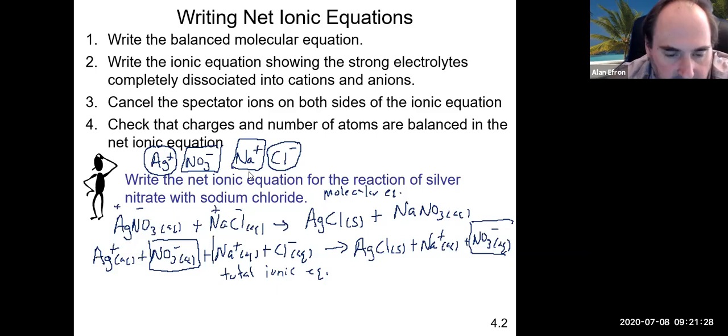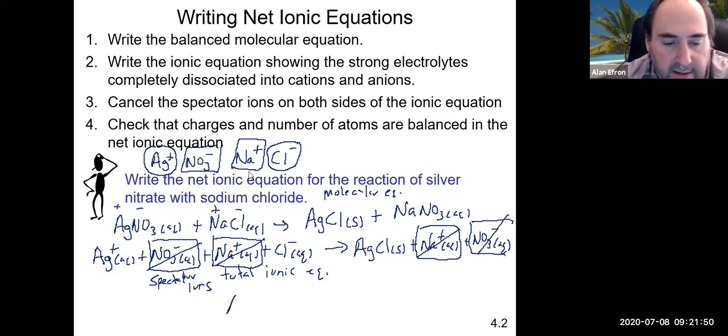The sodium on the left is exactly what we see here on the right in their ion form. And these guys, again, would be our spectator ions, right? So we do cancel them out. And as you can see, they do completely cancel out.